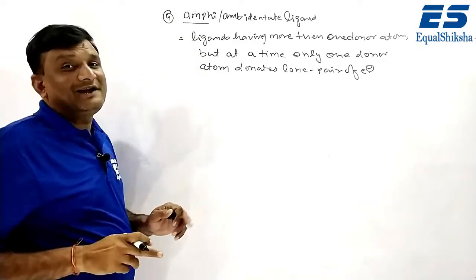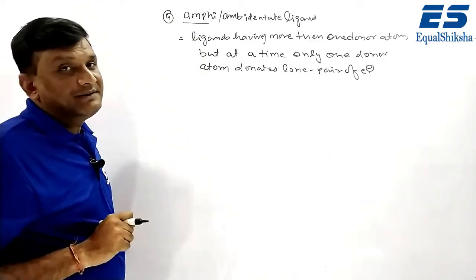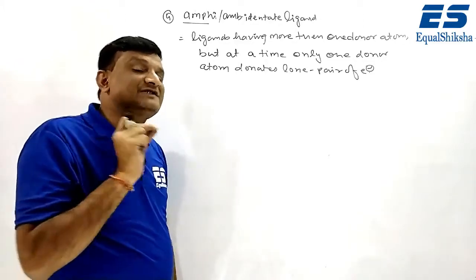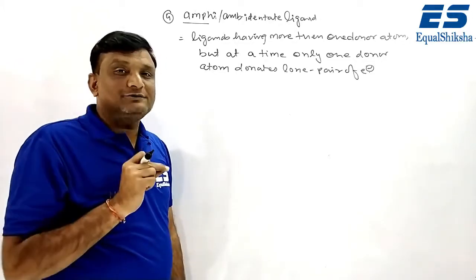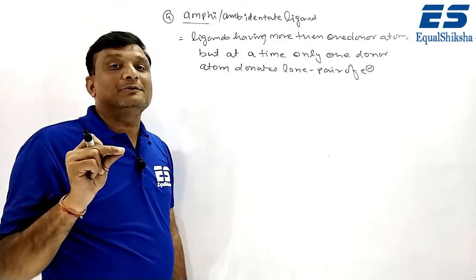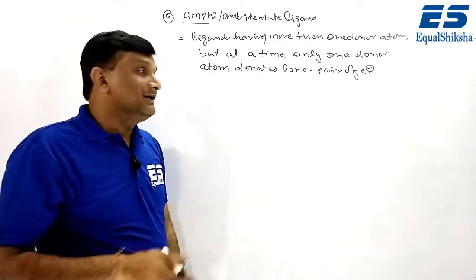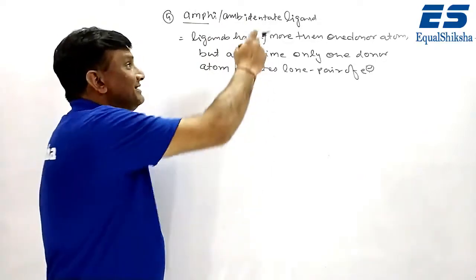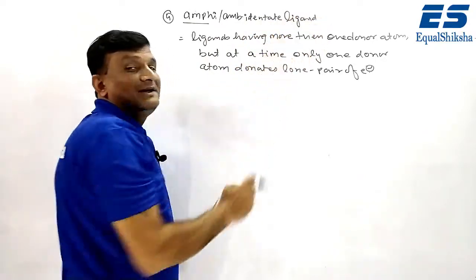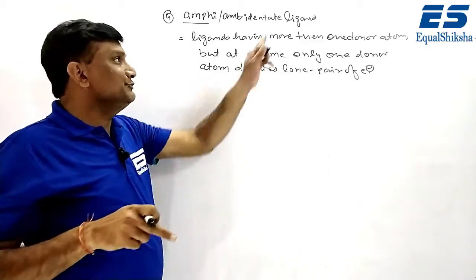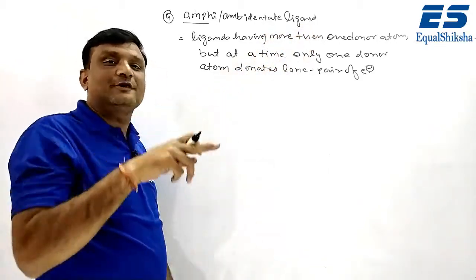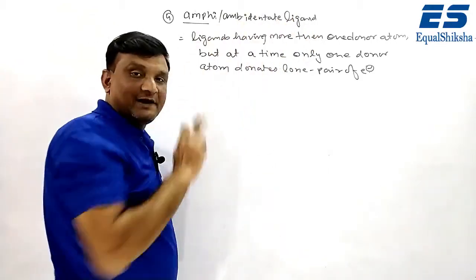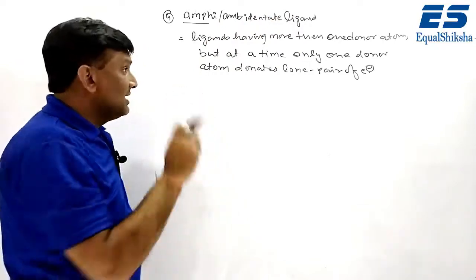This is also related to organic chemistry. During nucleophilic substitution reactions, they may ask what you know about an ambidentate nucleophile. Then you can use this topic there. The name of the ligand is used as the ambidentate nucleophile because both are the same. How?